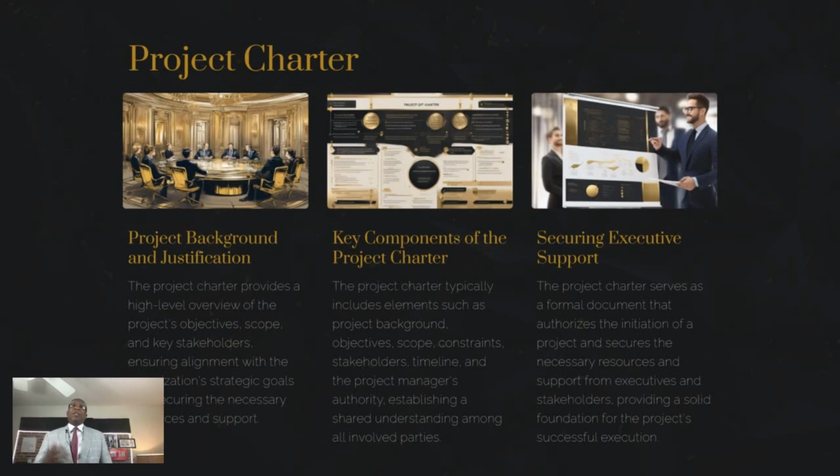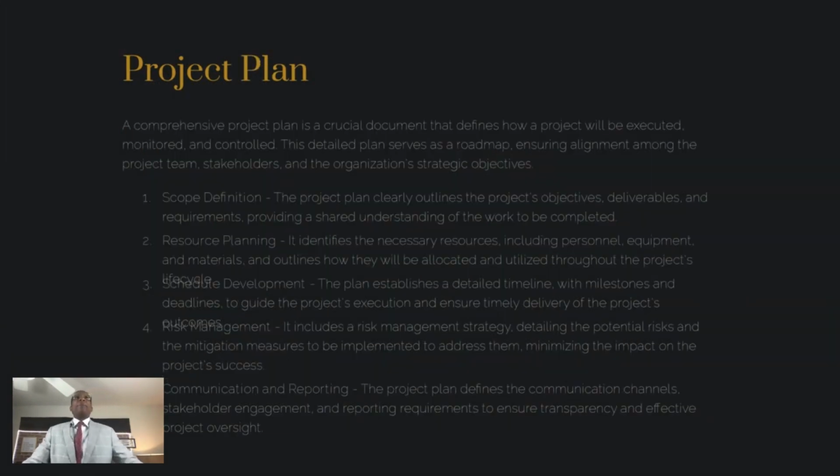I've seen one-page project charters, and I've seen two or three-page project charters, but really what you want to think about is, like I said at the beginning, a high-level document that authorizes the initiation of the project as well as the project manager. And this is where you should start receiving support and things of that nature. You may also have key components or constraints and stakeholders on your charter. This is when the project manager's authority takes over.